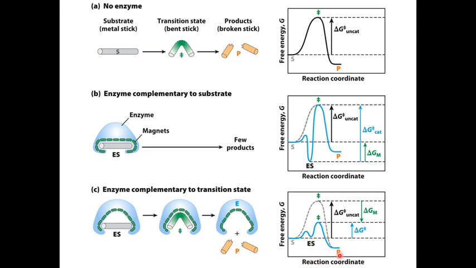Going from ES to P, the activation energy has decreased considerably. So the energy change, that is delta G M, is the change in the energy that is brought about by an enzyme that has an active site complementary to the transition state.